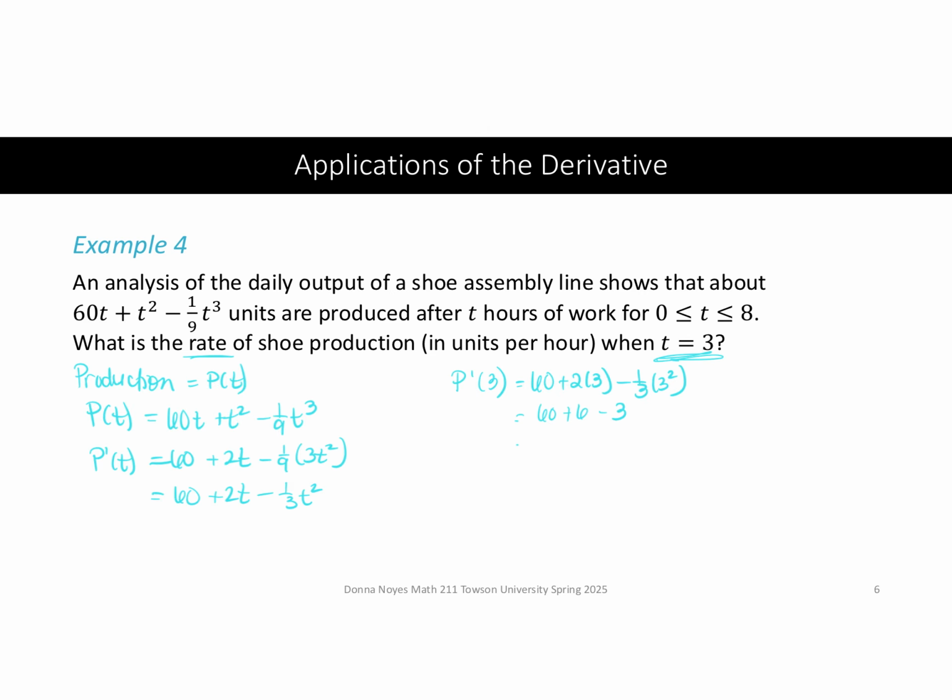So we get 66 minus 3, or 63 units per hour. So during the normal 8-hour workday, our production line is increasing, right? Our rate of shoe production is 63 units per hour. We're increasing our production by 63 units per hour, right? When we're only 3 hours in.